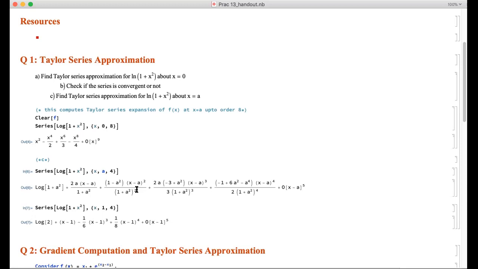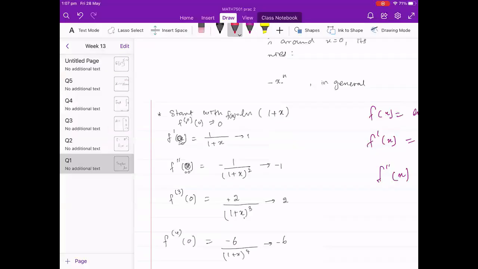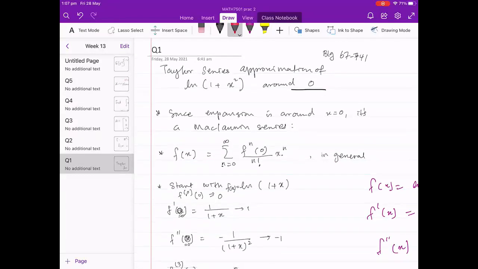All right. Let me share what I did. Okay, because we are expanding around x equals 0, that's a Maclaurin series.